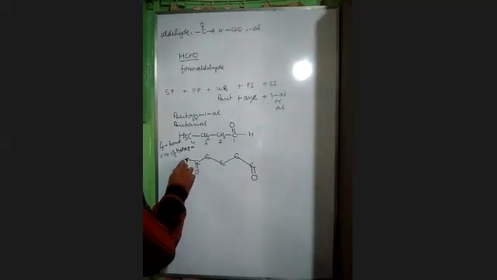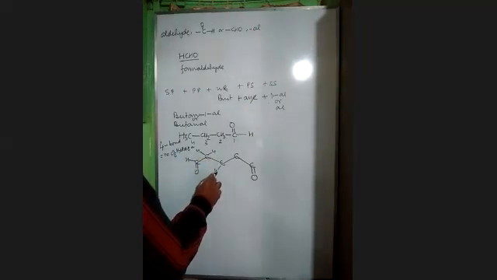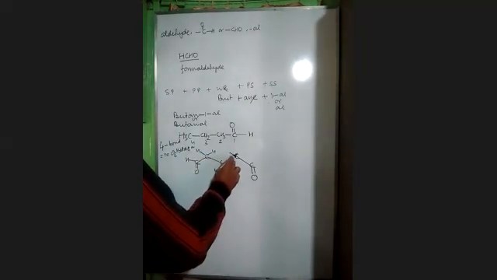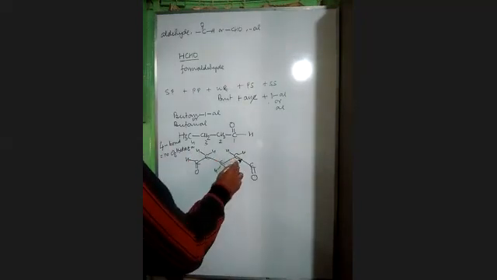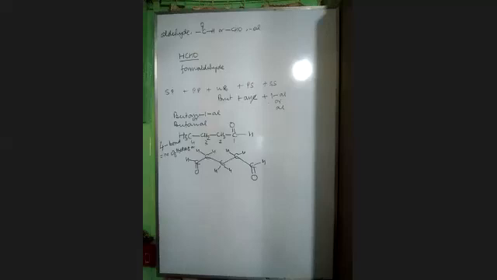So you will have hydrogen there. 4 minus 2, 2. 4 minus 2, 2. 1, 2, 3. 4 minus 3. You write the structure like this. Understood?